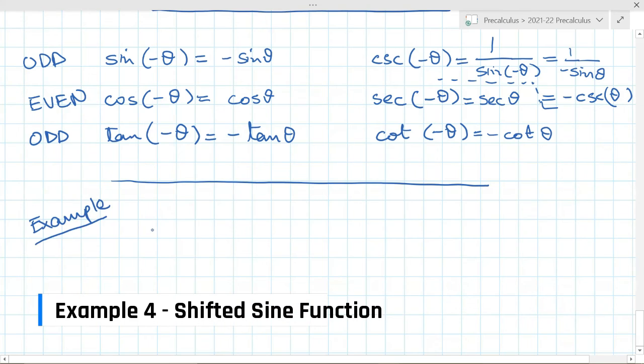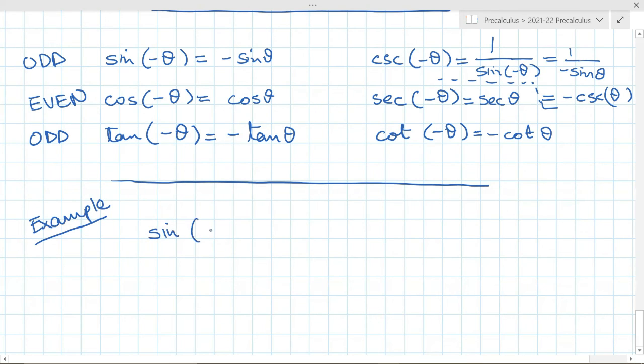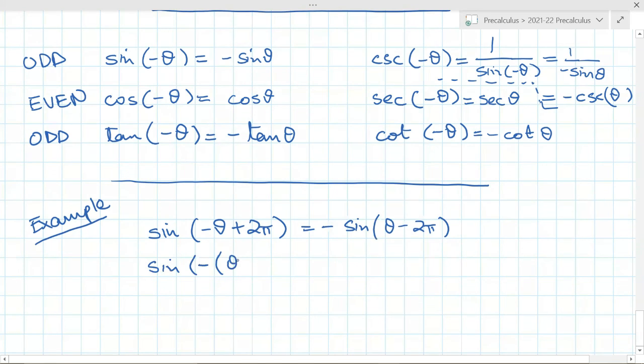If I have to find sine of negative theta plus 2 pi, what do you think that would be? It's sine of, we factor the negative here, theta minus 2 pi, right? So sine of negative of anything is negative sine of that, so which is this. But can we further simplify this?